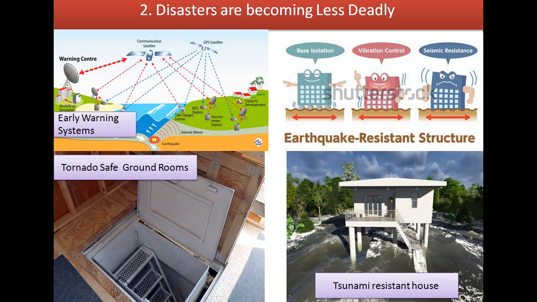In tsunami areas, there is a different way of building, and tsunami resistant houses are also there. So we have adapted to disasters. Since we have learned and are well informed, we can always protect ourselves. The second trend is that disasters are becoming less deadly, because we know how to protect ourselves.